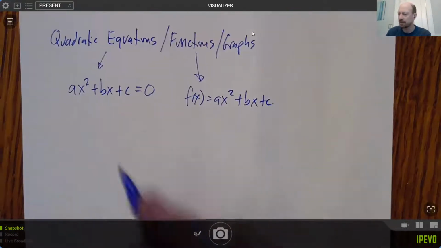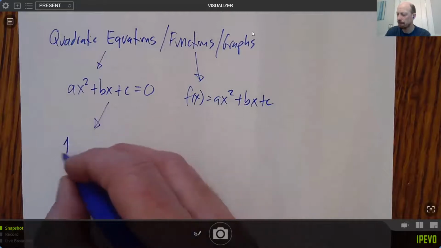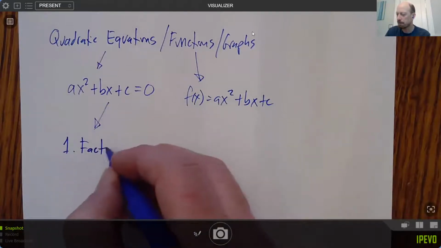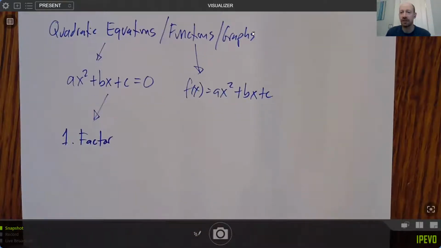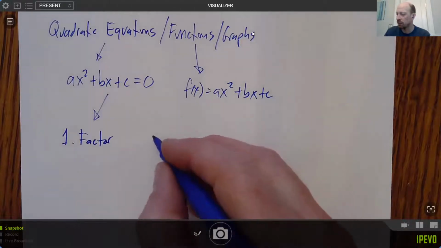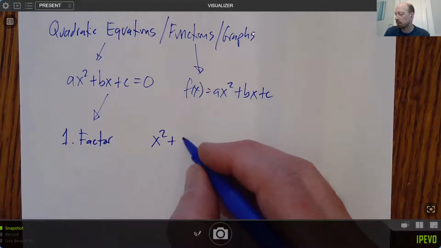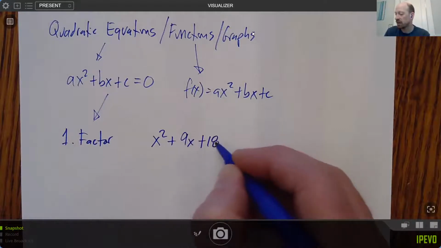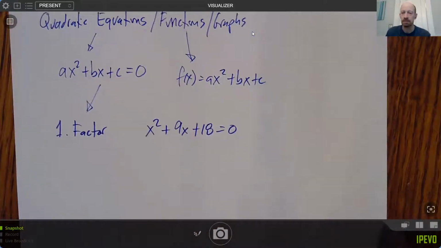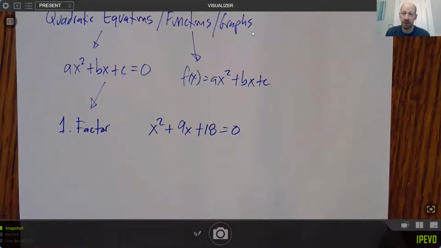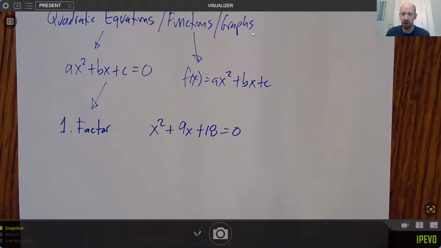In the past, we've factored these, right? And that is still going to be a good approach moving forward as well. If you have an equation like x squared plus 9x plus 18 equals 0, that's a quadratic equation that we could have seen before.